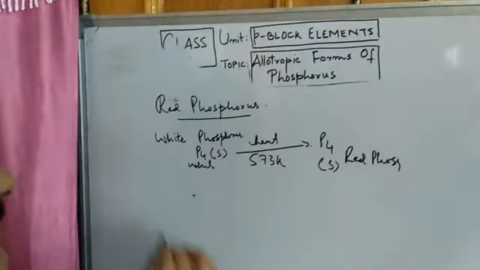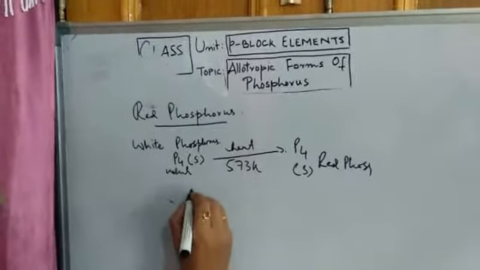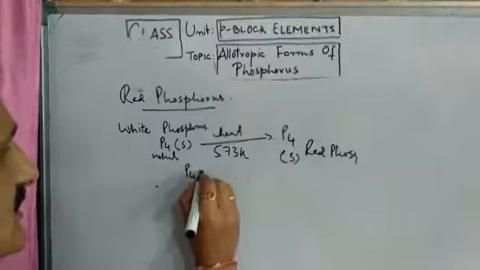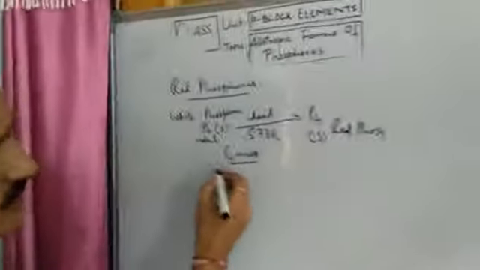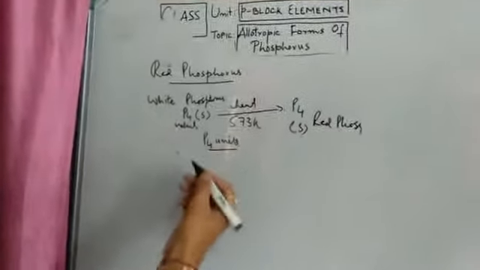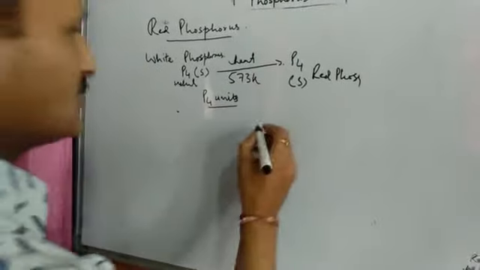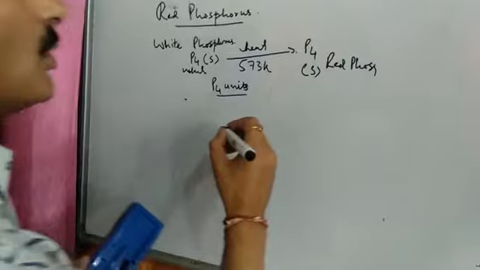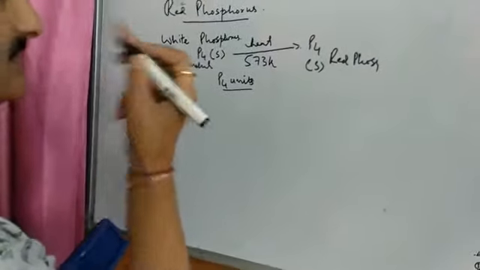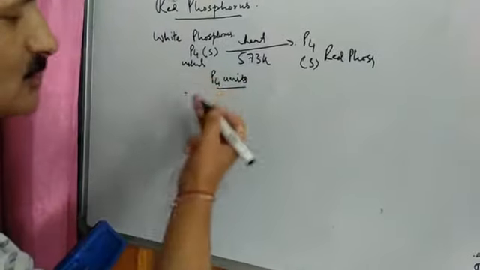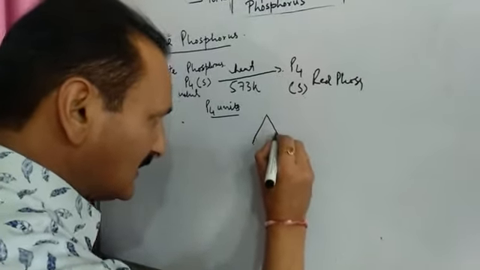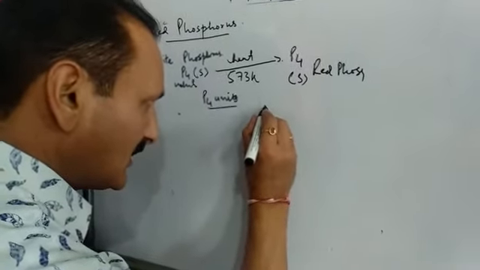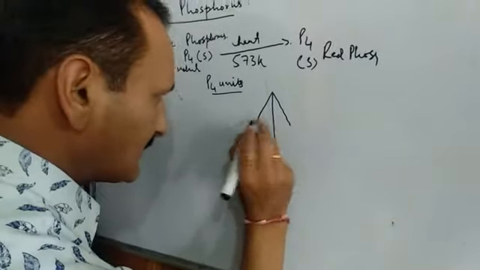Then red phosphorus has P4 units. It is polymeric in nature. That means it has so many P4 units, and as far as its structure is concerned, it is more or less like white phosphorus, but with many P4 units. Its structure is like this.